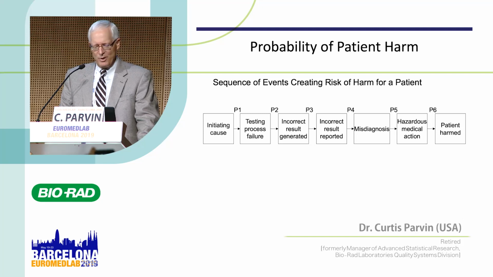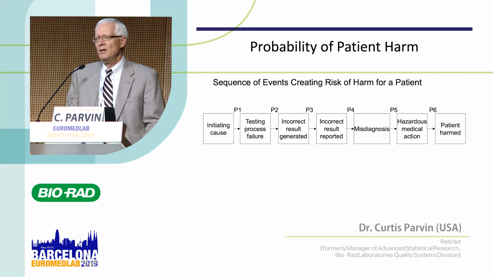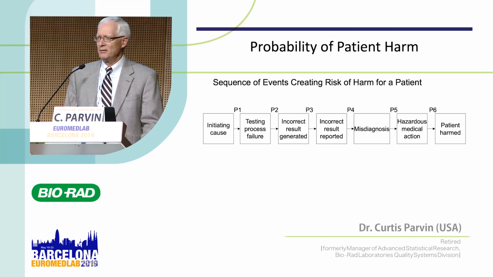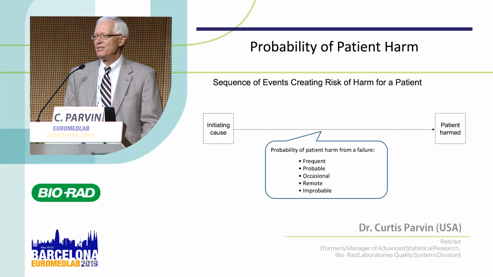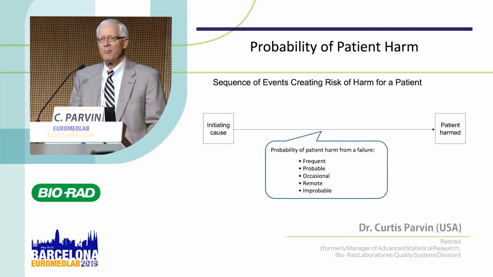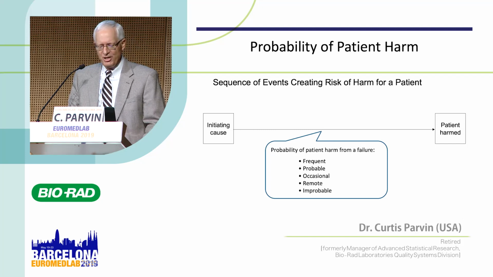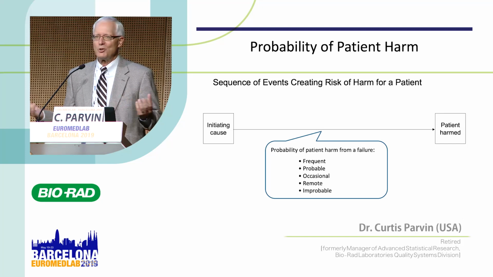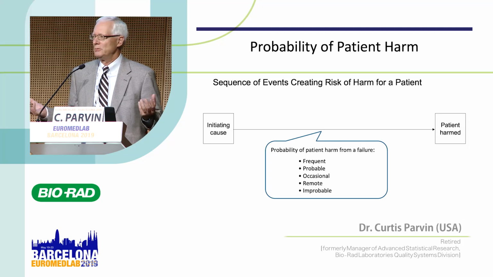And while EP23 provides a very nice model of the sequence of events that lead to patient harm, they recommend replacing that model with this simple one-step model that just categorizes or classifies the probability of harm from an initiating cause of an out-of-control condition into one of 5 categories, from frequent to improbable. Thereby, in doing this, removing all of those middle steps where laboratory quality control plays a role. That all went away.